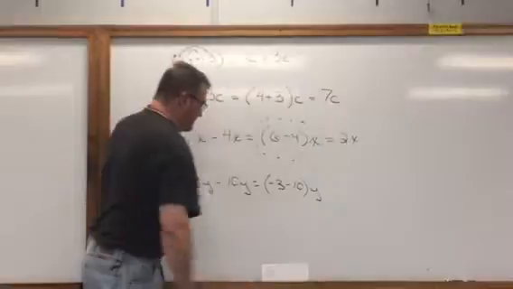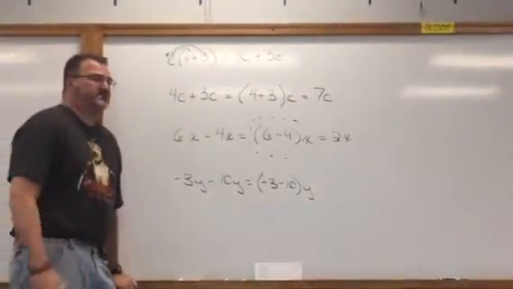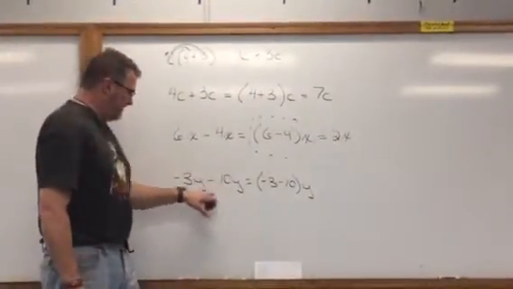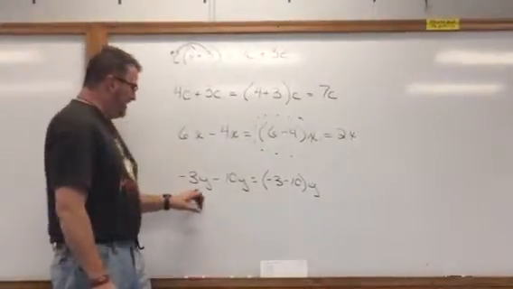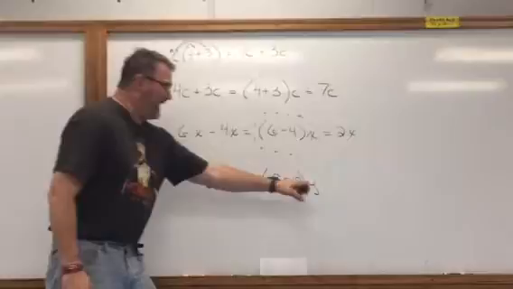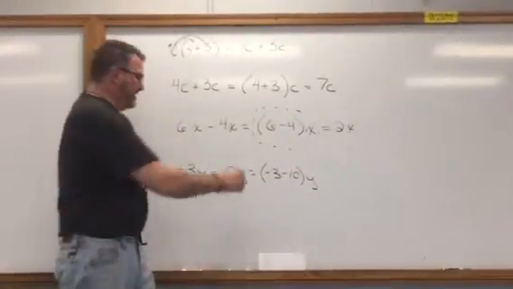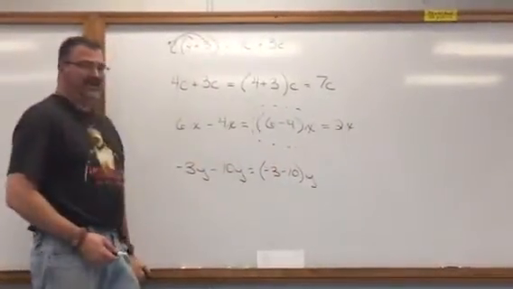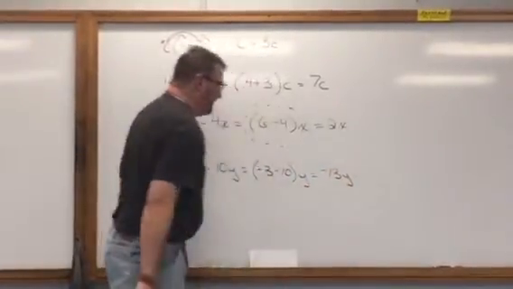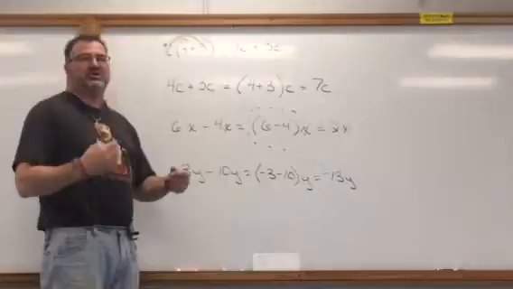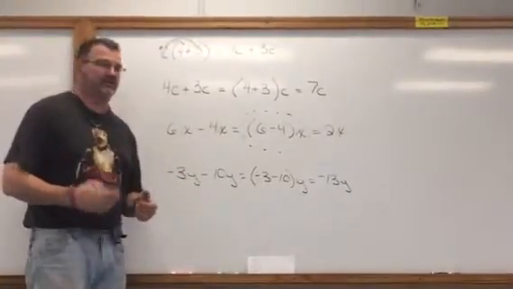Negative 3 minus 10. And I have had students tell me, Mr. Marlowe, I can't find the Y button on my calculator. Well, now we don't need it. The y is waiting patiently out here, and negative 3 minus 10 is negative 13. y.